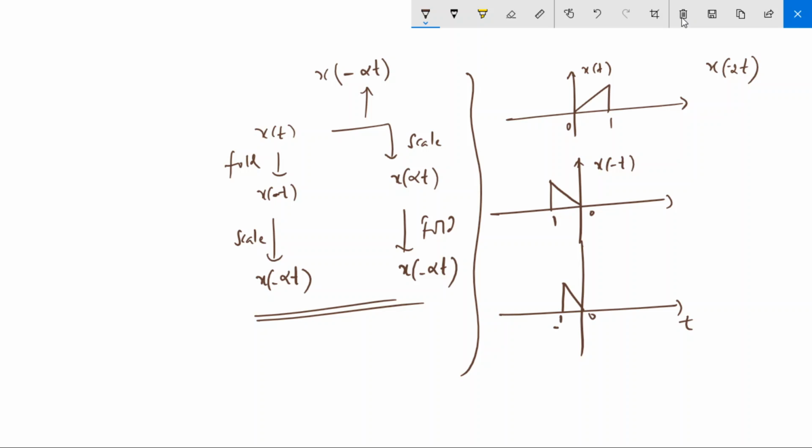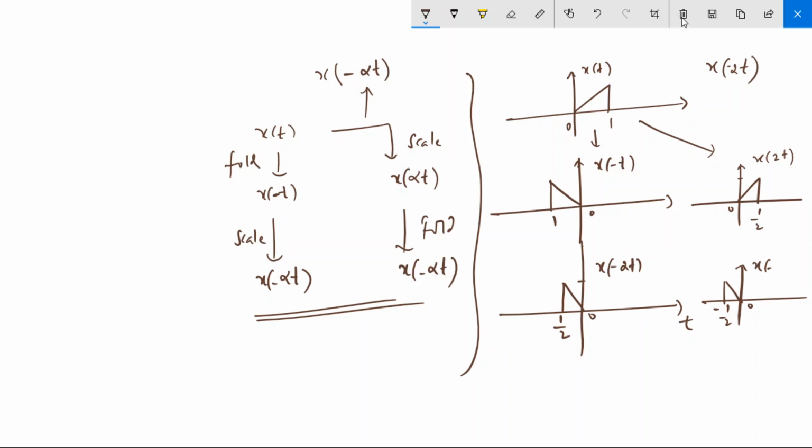It will become like this: 0 to 1 by 2, and this will become x of minus 2t. Otherwise, if you first scale it, it will become like this: 0 to 1 by 2, x of 2t, and then you fold it, it will become like this: x of minus 2t. So both are same. Okay, so in this case there is not too much issue.